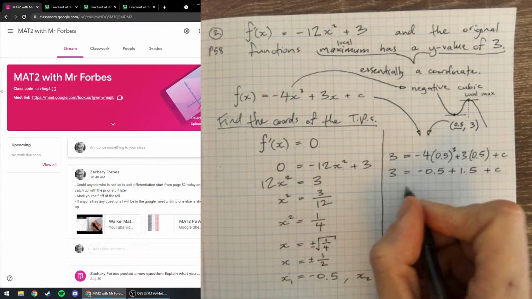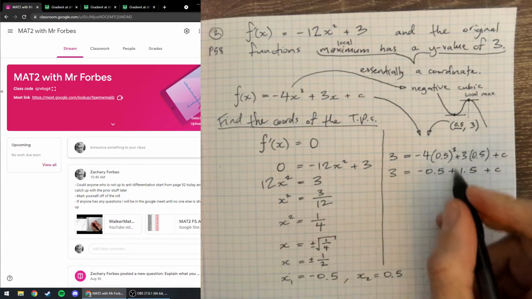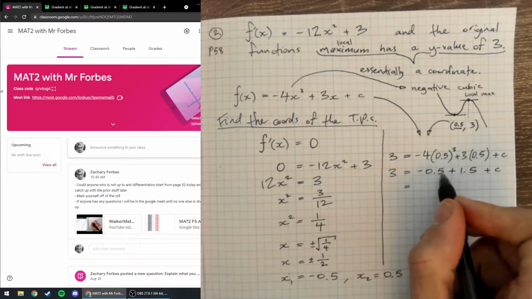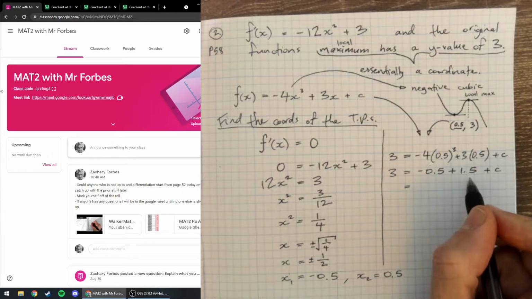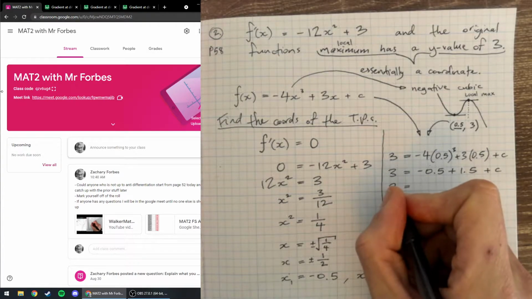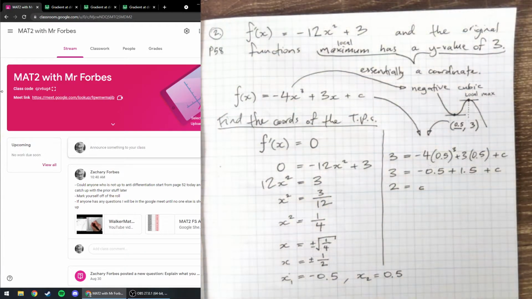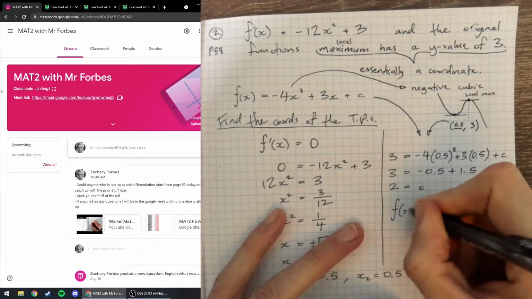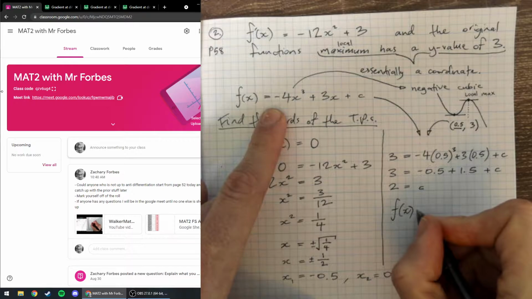Okay, so let's bring all of the numbers over to this side. So it's going to be 3 plus, let's join these together first. Negative 0.5 plus 1.5 gets us to 1, and then 3 minus that 1 is going to get us to 2. 2 equals c.